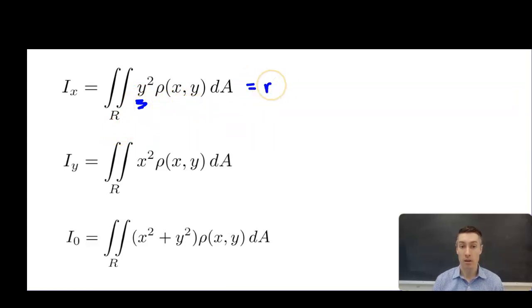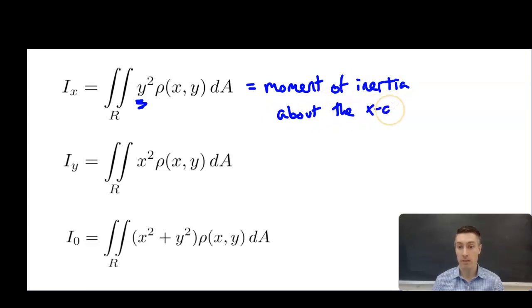Right, so this is the moment of inertia about the x-axis. Remember, distance from the x-axis is the y-coordinate of each point, so we're squaring y, multiplying it by the density function. Again, that y squared, think of radius squared if you had that circular path, if you were actually to start the motion.